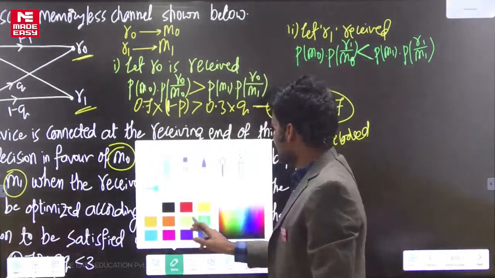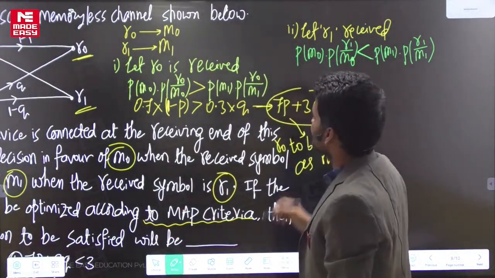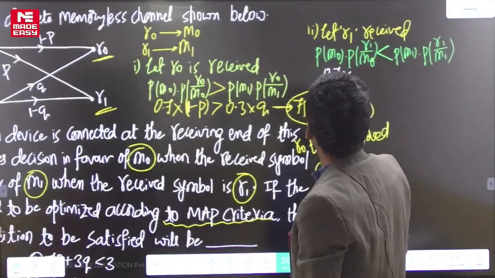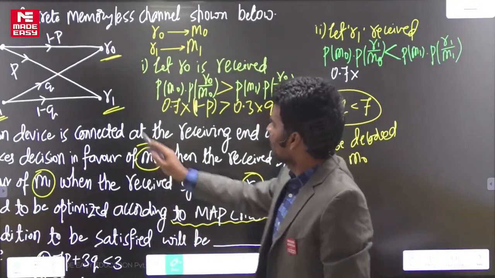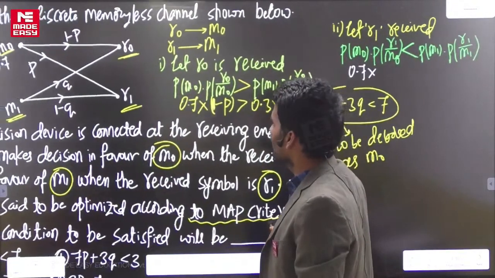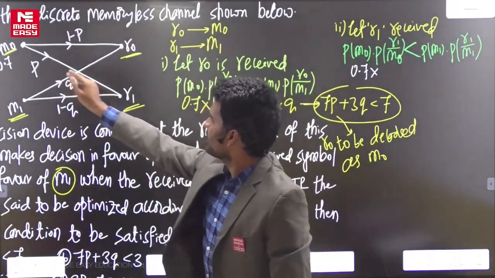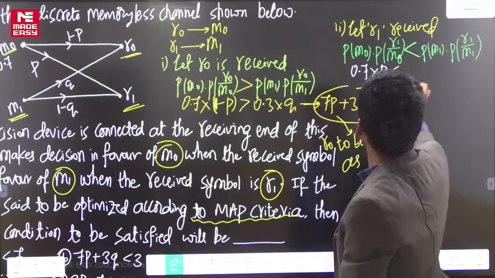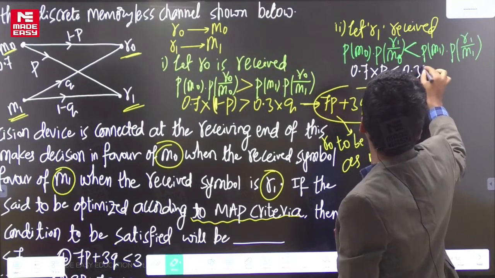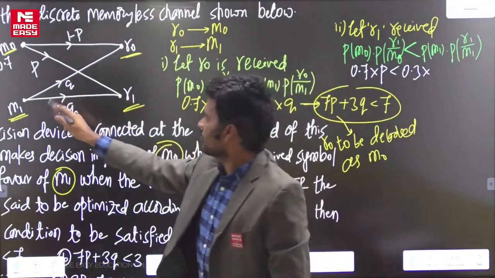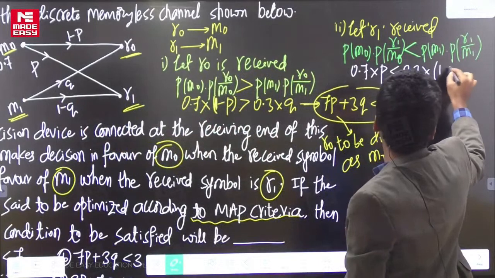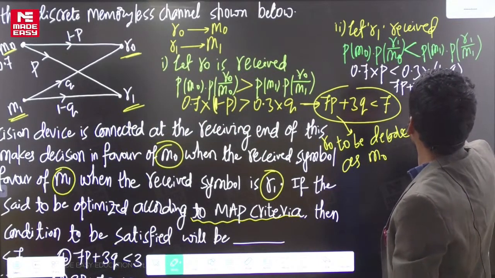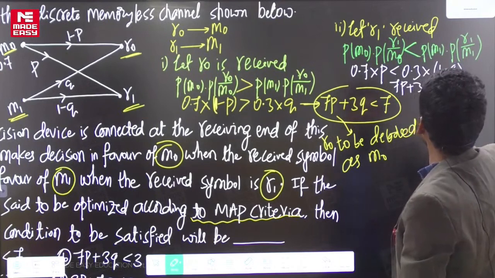If you substitute the respective values, P(M0) is 0.7, P(R1|M0) is P, which should be less than P(M1), which is 0.3, times P(R1|M1), which is 1 minus Q. Then you get 7P plus 3Q less than 3.